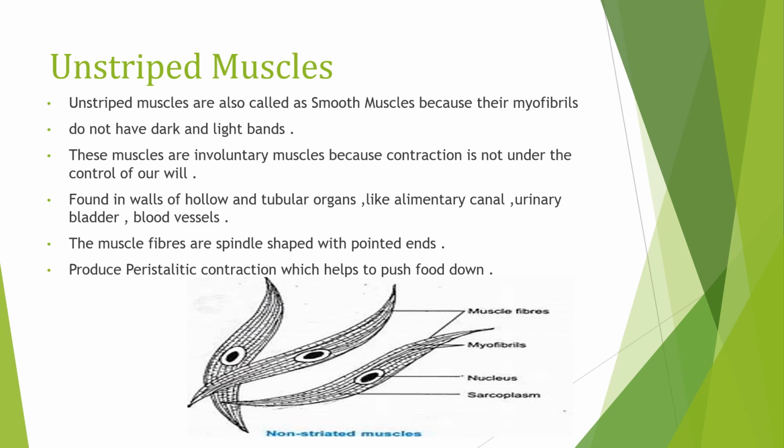The muscle fibers are spindle shaped with a pointed end. These muscles contract slowly. These muscles produce peristaltic contraction in the walls of alimentary canal and help to push the food down.